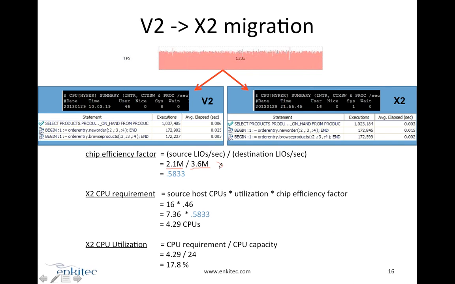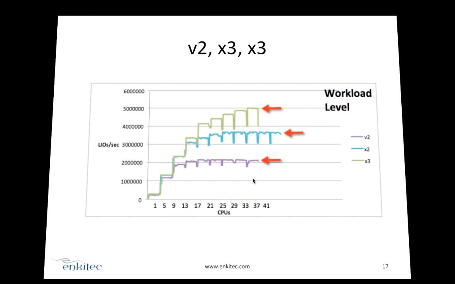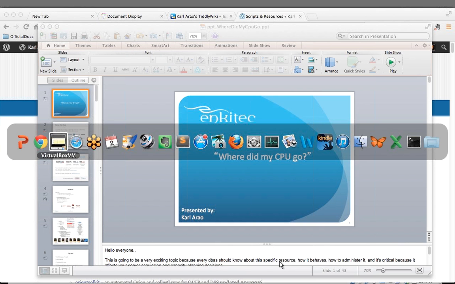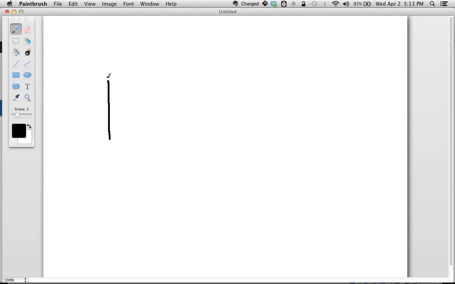Now, if I don't have these actual benchmark numbers, then I can go to SPECint Rate and get the specific speed of that specific server, right? So let's say here I've got an X2 quarter rack, so my speed would be 26, right?